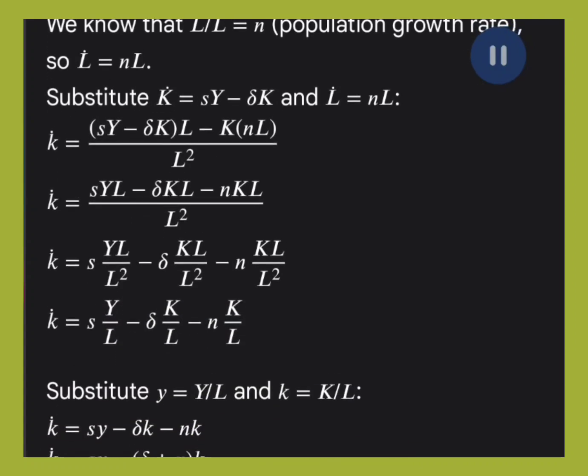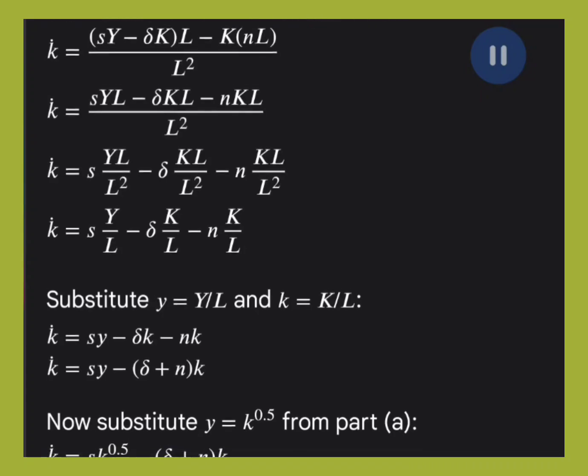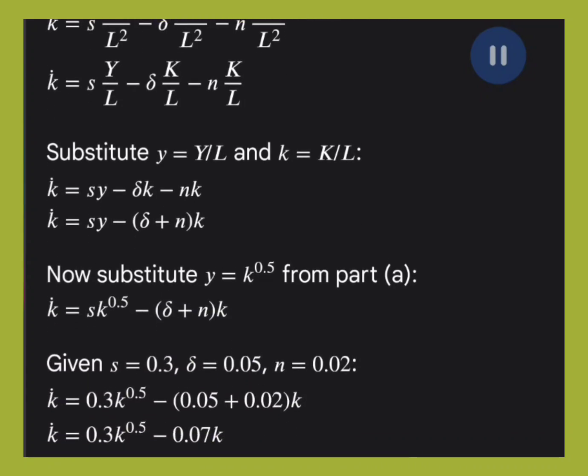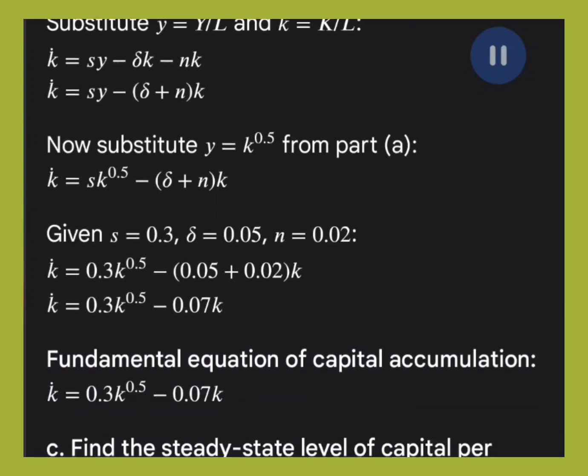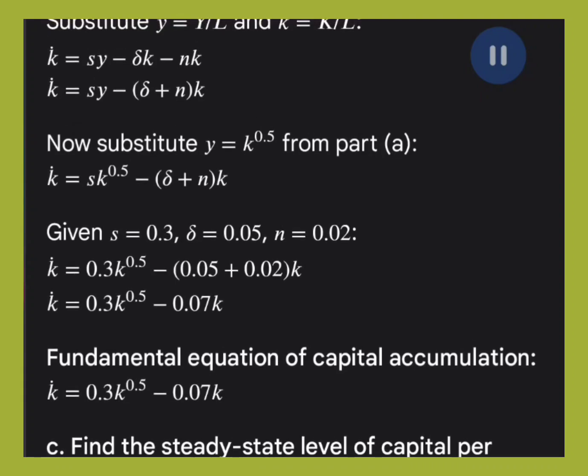Given s equals 0.3, delta equals 0.05, n equals 0.02: k dot equals 0.3 k to the power of 0.5 minus, open parenthesis, 0.05 plus 0.02, close parenthesis, k. k dot equals 0.3 k to the power of 0.5 minus 0.07 k. Fundamental equation of capital accumulation: k dot equals 0.3 k to the power of 0.5 minus 0.07 k.